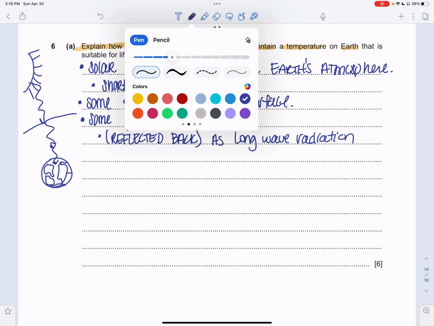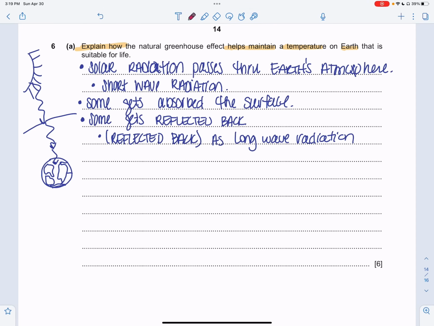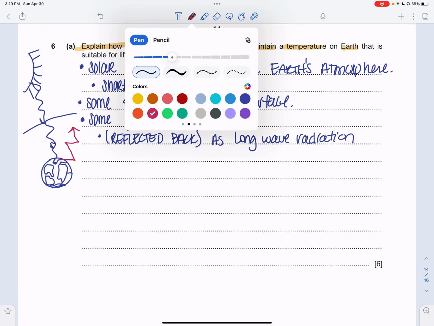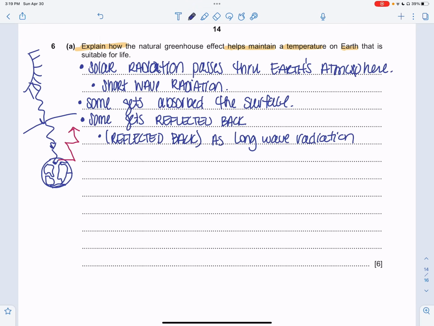So some of it does get reflected back as longer wavelength radiation. Okay, so far one, solar radiation will pass through Earth's atmosphere. It's a shortwave radiation, has high energy. Some of it gets absorbed by the surface. 2. Some of it gets reflected back. 3.